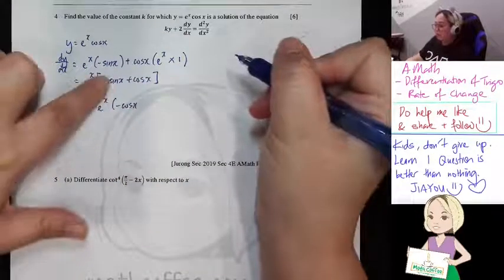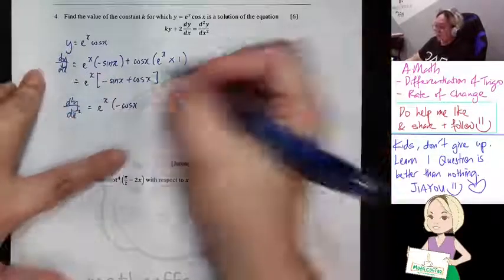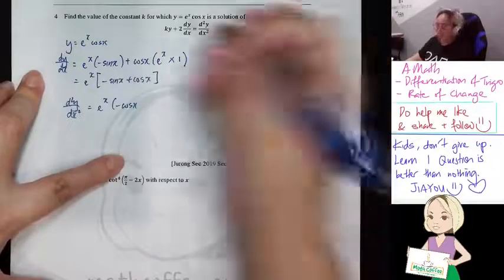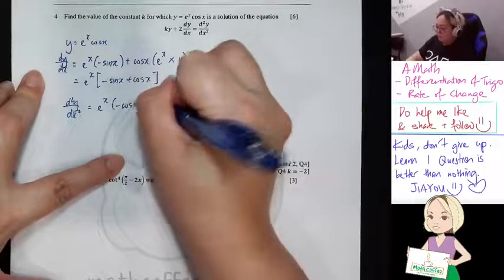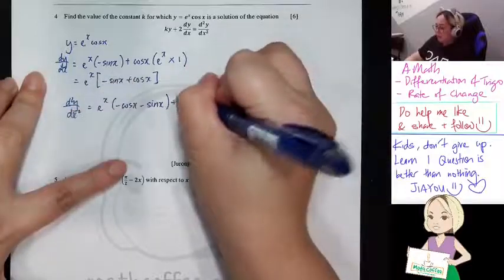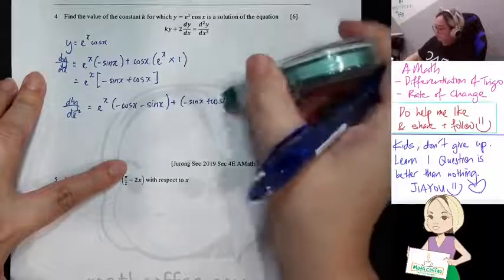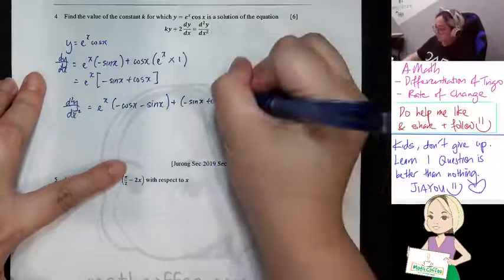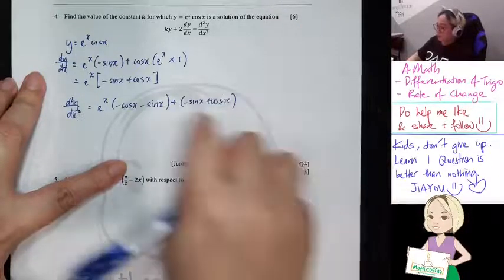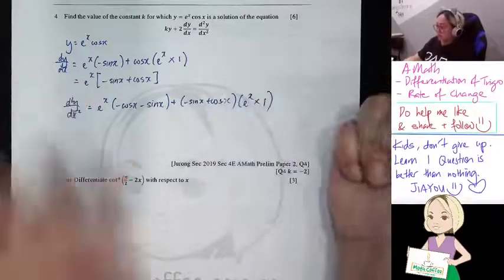Minus, I just differentiate sine x, which is cosine x, so it's minus cosine x. Differentiate cosine x is minus sine x. Plus, keep the right, which is minus sine x plus cosine x, and differentiate the left hand side, which is just e^x times 1 again.